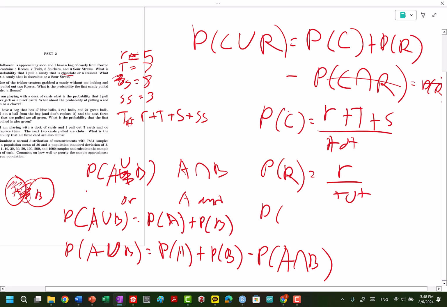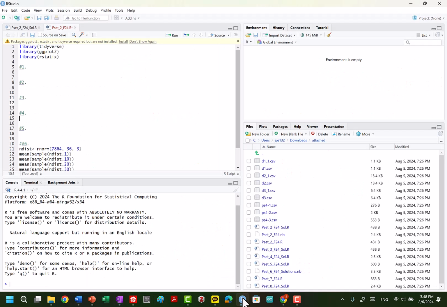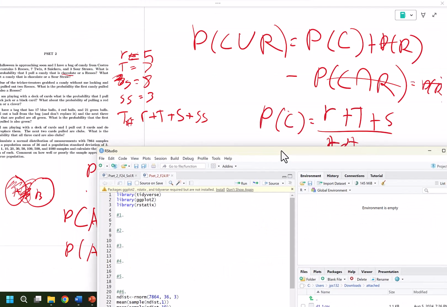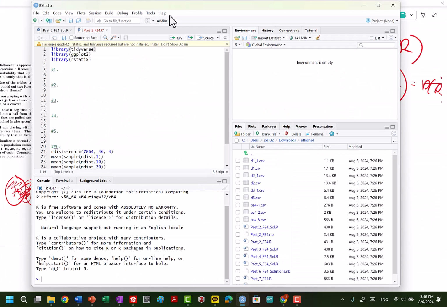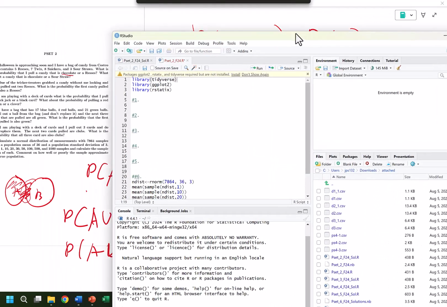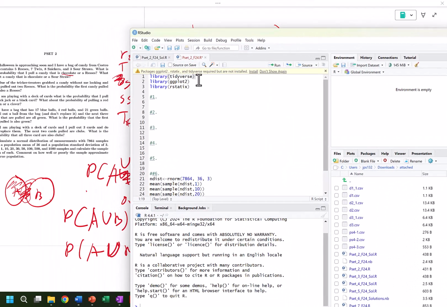So actually we can figure this one out real quick. Actually, let's do this a little bit more defined in R. So we're going to set this up in R. We don't have to do it here, but we'll go ahead and do it together because I want to write this out a little bit explicitly.